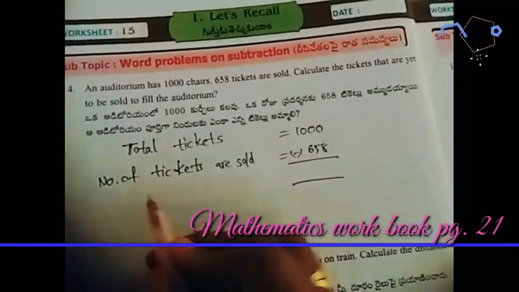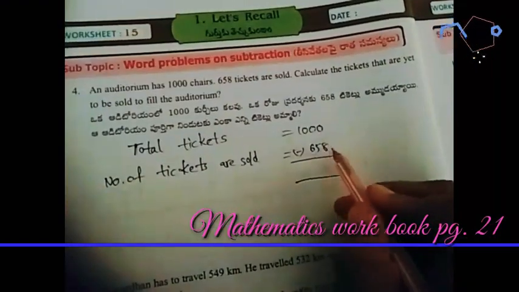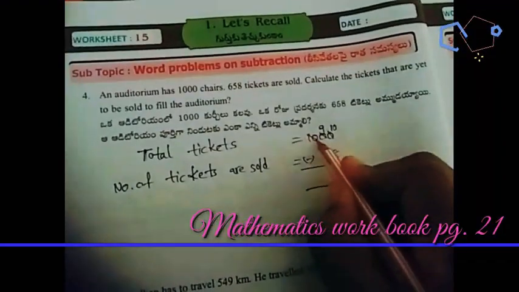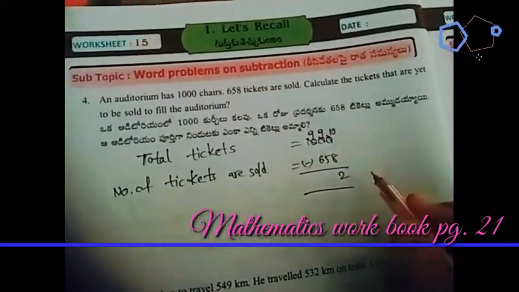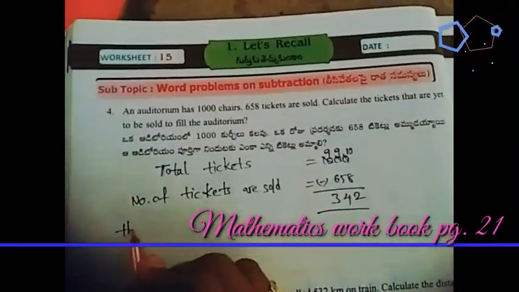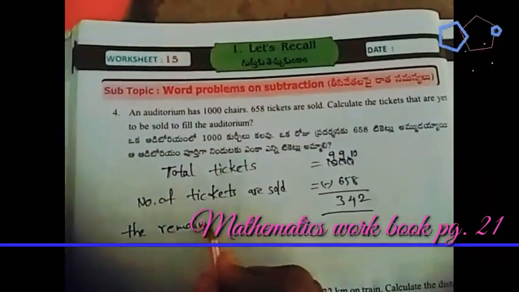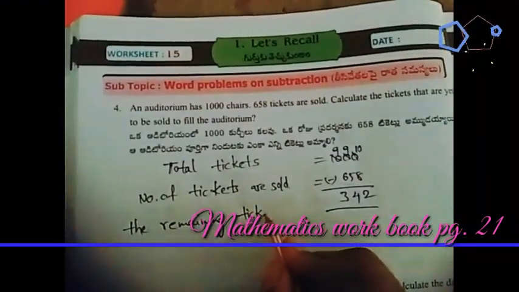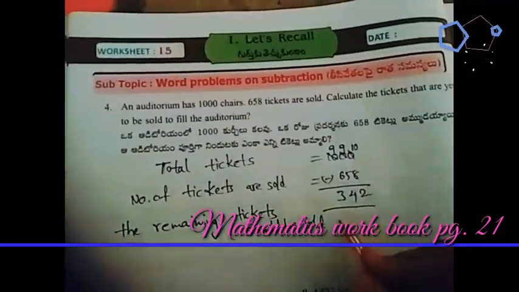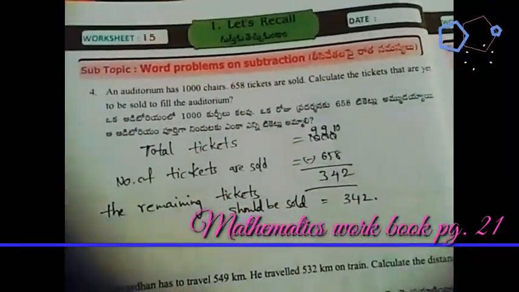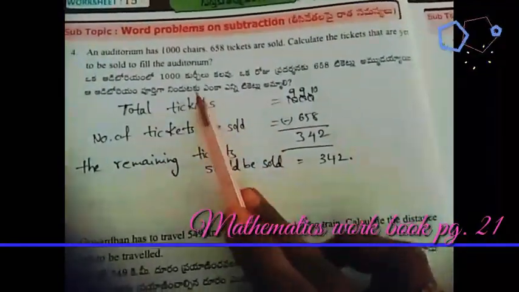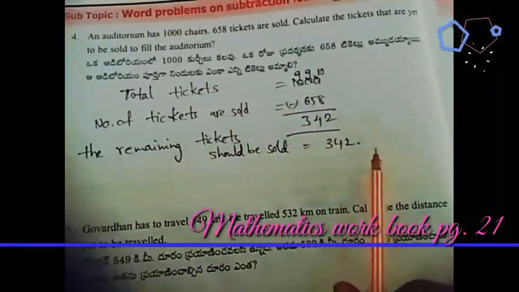So by subtracting, 0 minus 8 is not possible, that's why it will become 10 here, 9 here also 9. 10 minus 8 is 2, 9 minus 5 is 4, 9 minus 6 is 3. The remaining tickets to be sold are 342. By selling 342 tickets, the auditorium will be filled for 1000 chairs.